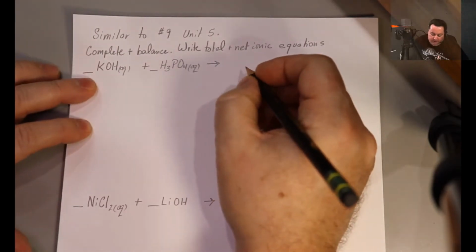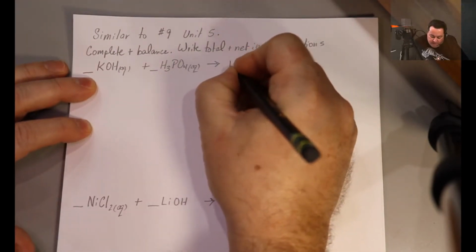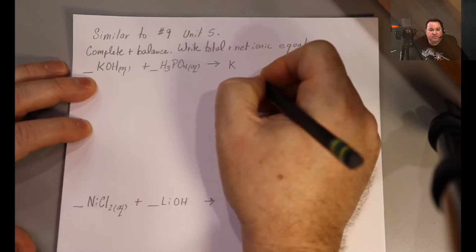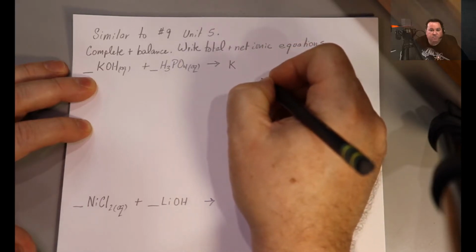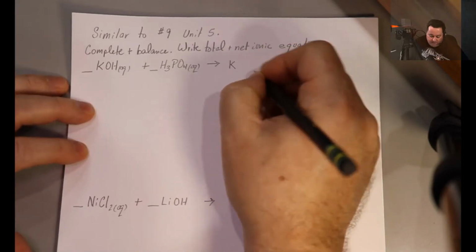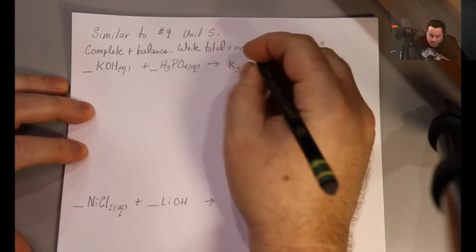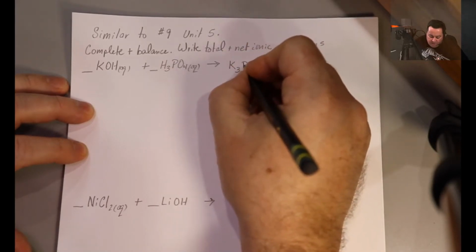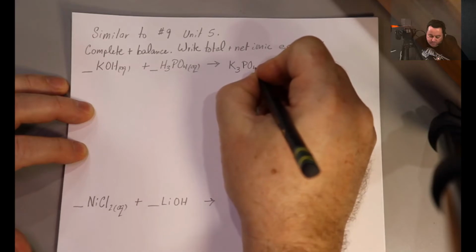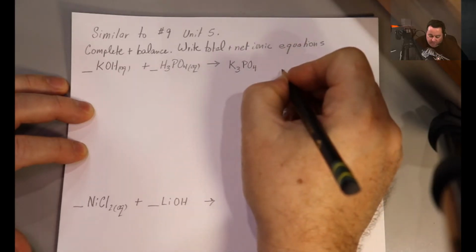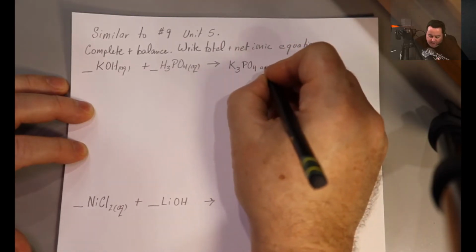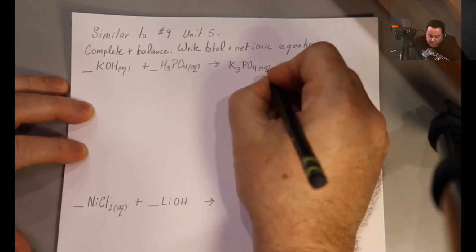So potassium will pair with phosphate, but we know that potassium is a 1 positive, and when we check the charge on phosphate, it's a 3 negative. So the correct formula should be K3PO4. And we check our solubility rules, and we find that that is a soluble compound.